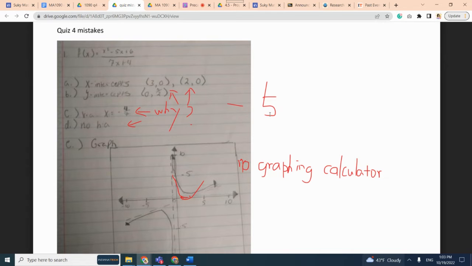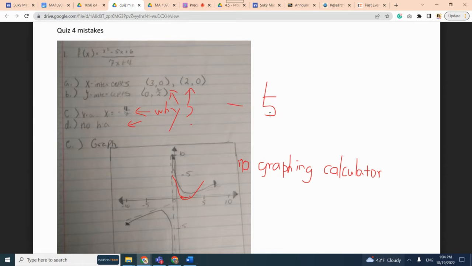Okay. So here, why this is the x-intercept? Why this is the y-intercept? Why this is the vertical asymptote? Why we don't have horizontal asymptote? Why this is the graph? So just the answer is not enough. You need to show all your work. Is that clear, everybody?